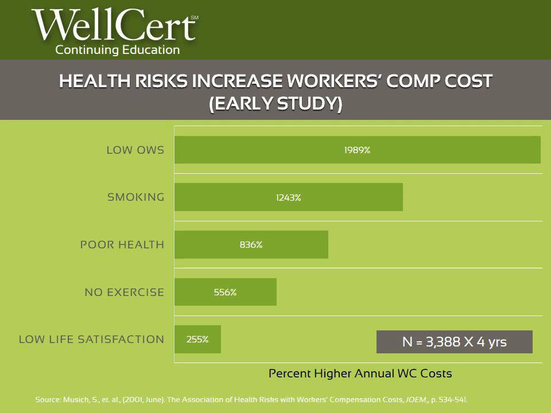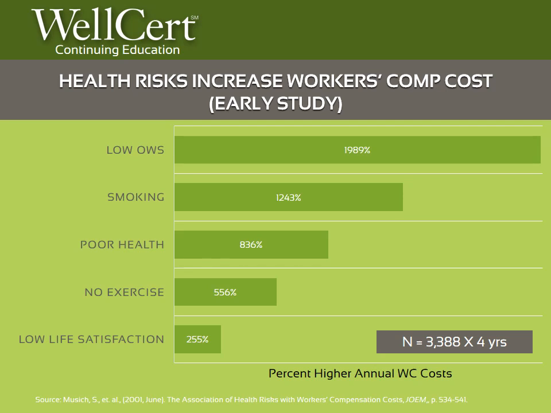So that's the individual who has probably 4 or 5 or more risk factors. And they used on average 20 times the amount of workers' compensation costs. That's what that 1,989% higher cost was. So that showed us that it's not just the health plan cost and sick leave, it's also workers' comp costs that are shaped by the risk factors one has.